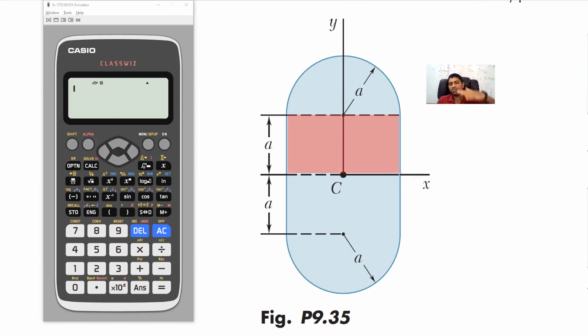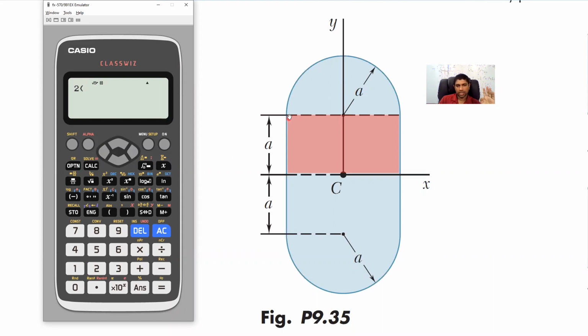Actually, we can consider half of the diagram, right? The part above the x-axis is a rectangle, the red color rectangle, and a semicircle. So by adding these two, we can find it. I am going to calculate Ix for half of the diagram, and later I'm going to multiply the result by 2. Then we can find the total one.